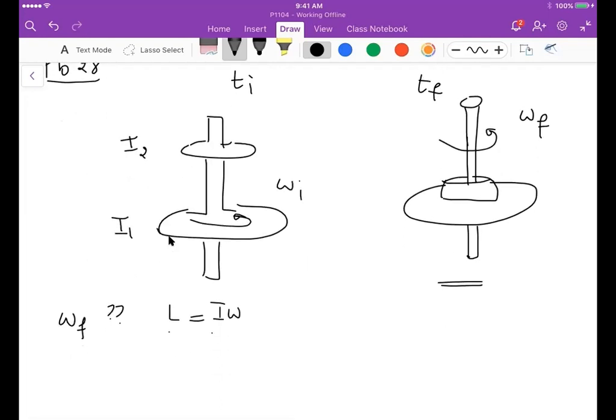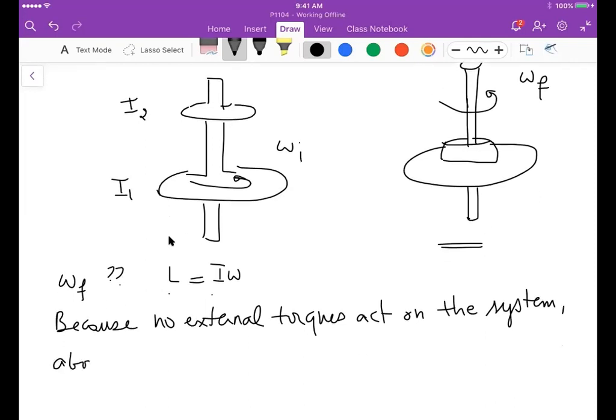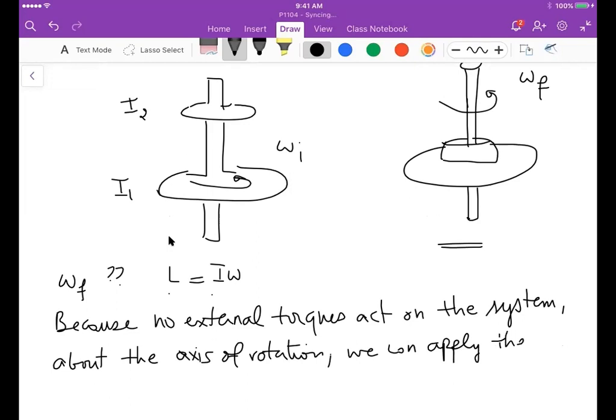Let me write down that because no external torques act on the system, which is made of the cylinders plus the axle, about the axis of rotation, we can apply the law of conservation of the angular momentum.